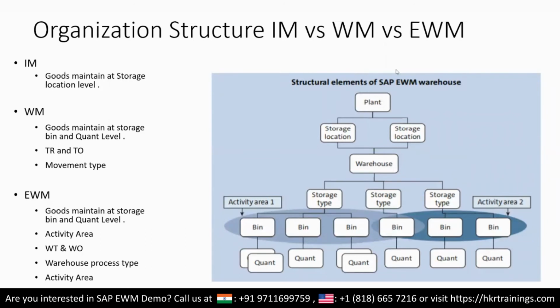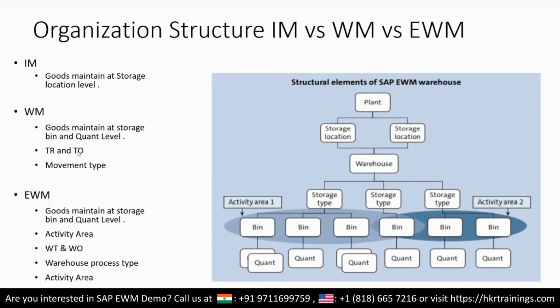Any movement of the material within the warehouse or out of the warehouse, the system creates a warehouse task. So there could be many tasks that I'm creating, but I can bind the tasks under the warehouse order. I don't want to confuse you as of now, but you can just consider that the warehouse task is basically to move the material from one place to another. And within one warehouse order, we can have many tasks. Okay.